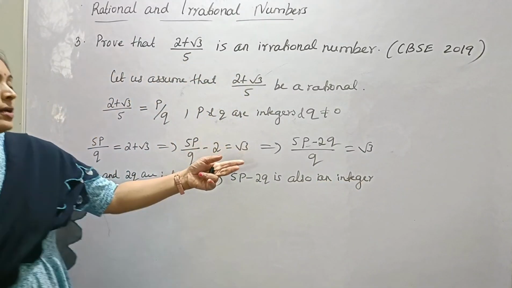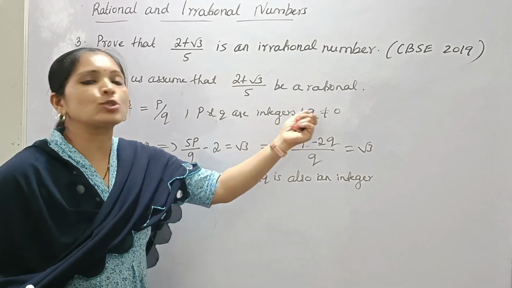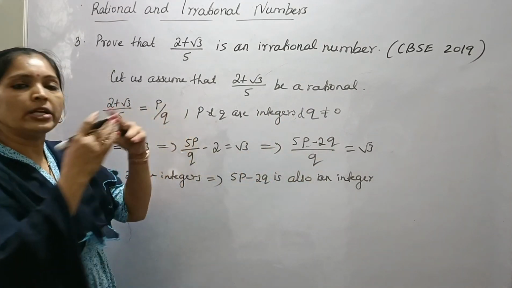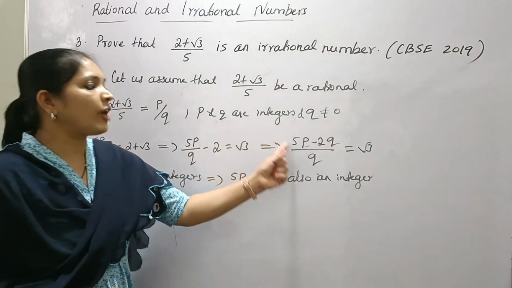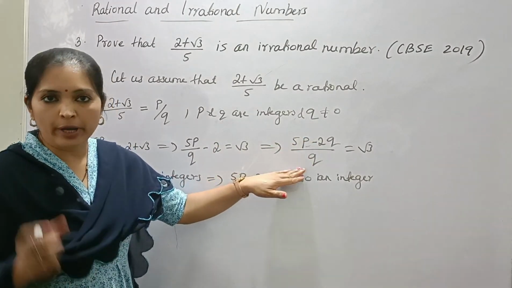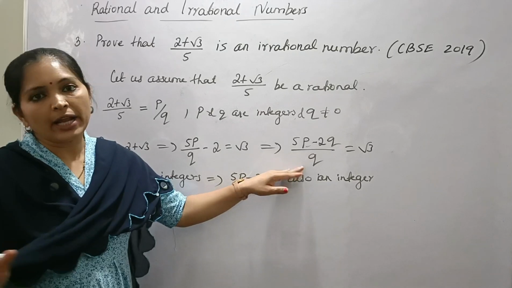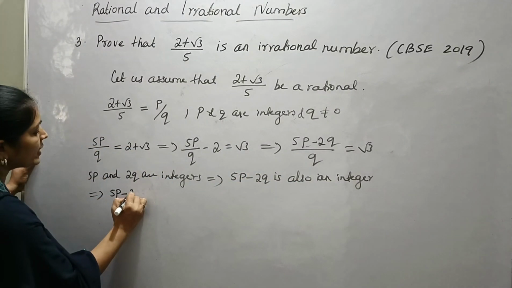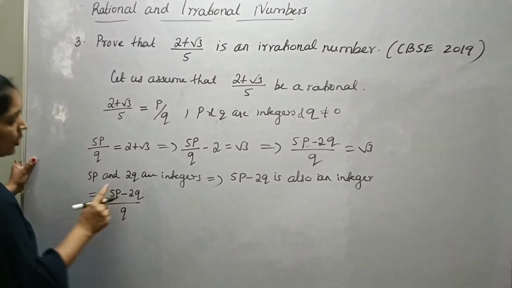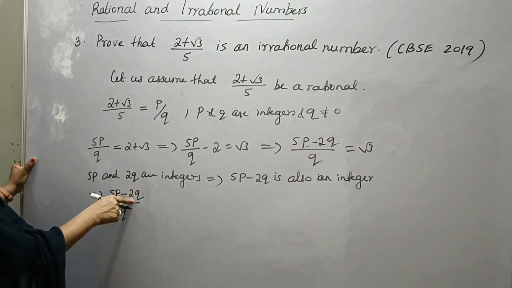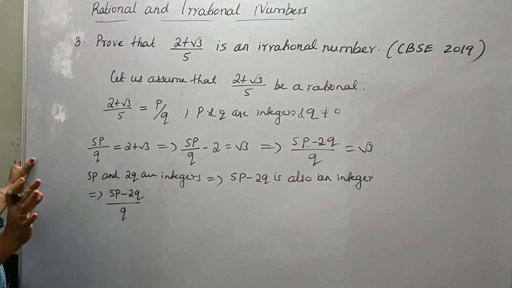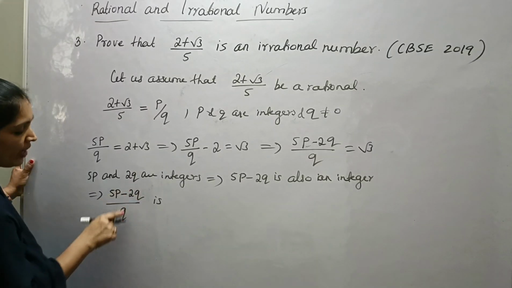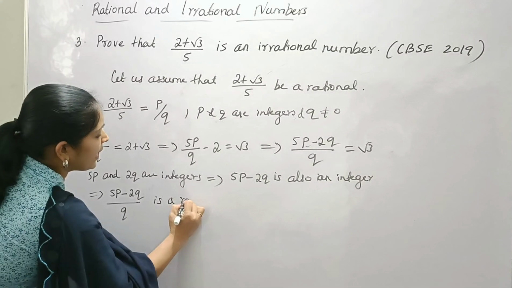So the numerator 5p minus 2q is an integer and q is an integer. Integer divided by integer, so (5p minus 2q) divided by q is a rational number.